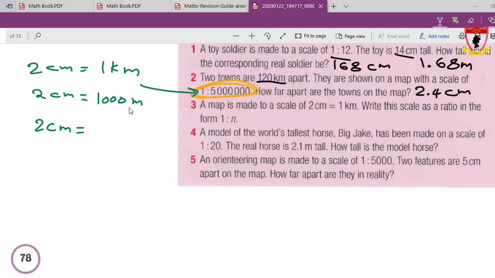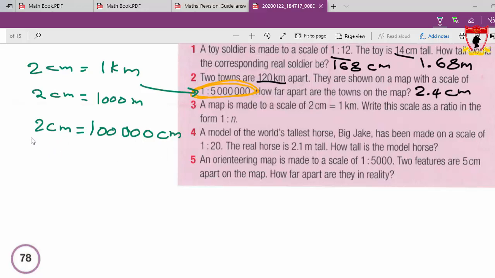If we want to make it centimeters, we need to multiply it by 100. Then 1,000 times 100, it will be 100,000 centimeters. Now we have the same unit. We can write it in the form of 1 to n. It means on the map 2 centimeters represents 100,000 centimeters in real life.